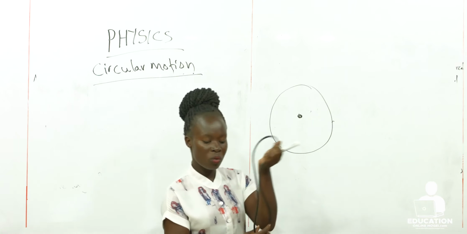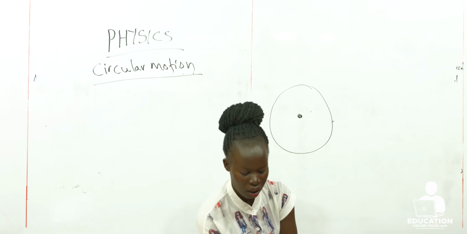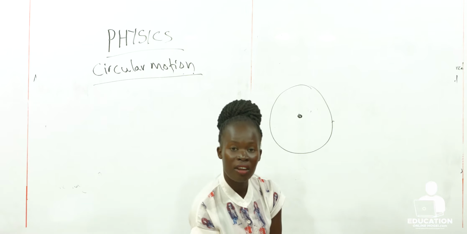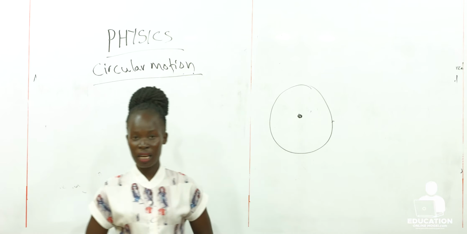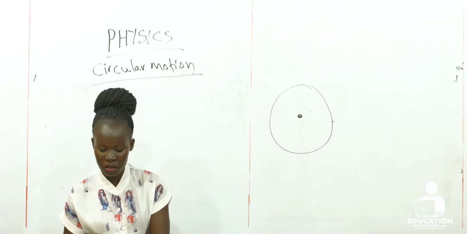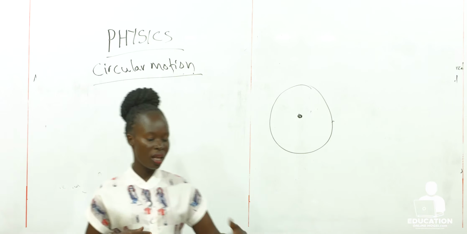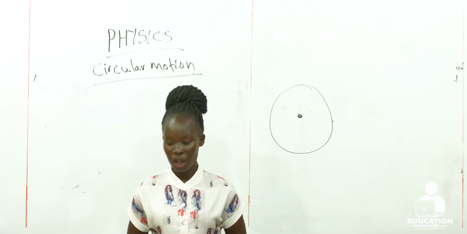So you will see that with this circular motion, the velocity keeps changing. The velocity does not remain constant. Not only the velocity, but also the direction the bob is taking keeps on changing.